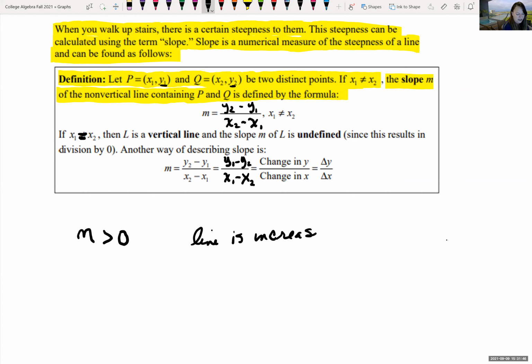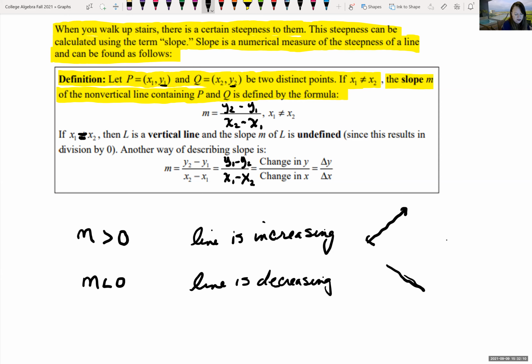And if you were looking at the graph, it's rising from left to right. If our slope is less than 0, our line is decreasing. And if you were looking at the graph, it would be moving in a downward direction, moving left to right.